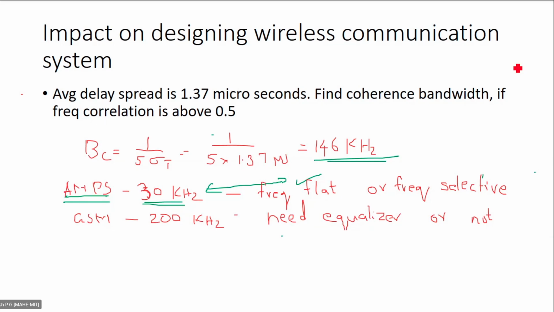Now, consider two systems, that is AMPS, which is the name for 1G system, and GSM, the name for 2G system. AMPS has signal bandwidth 30 kilohertz, and 2G system, that is GSM, has bandwidth 200 kilohertz. Identify which will experience flat fading and which will experience frequency selective fading.